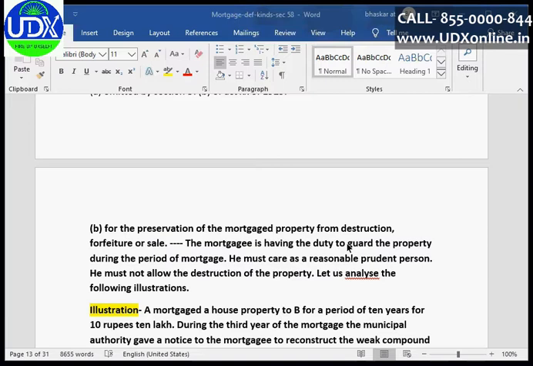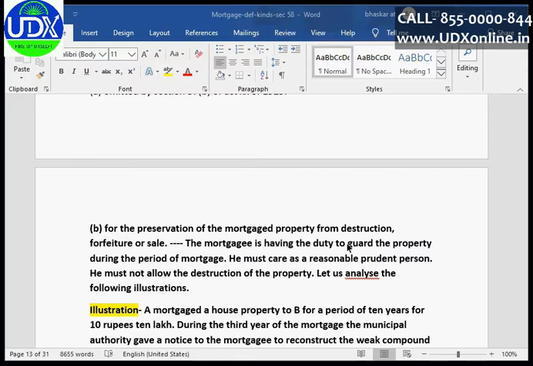Remember very carefully here. When such a situation arises, the mortgagee must bring the matter to the knowledge of the mortgager. Mortgagee cannot spend the money on his own without bringing the matter to the knowledge of the mortgager.